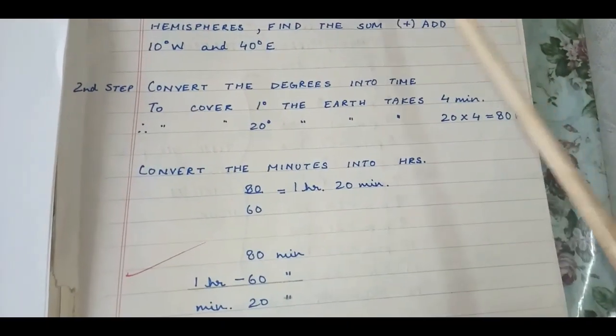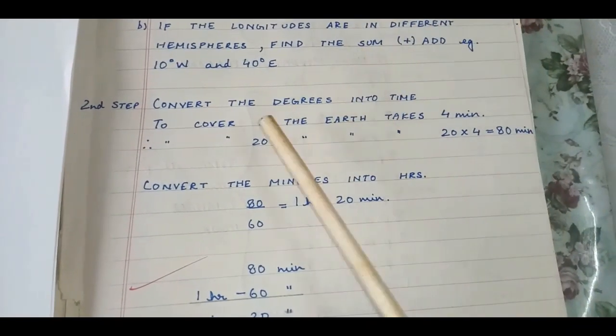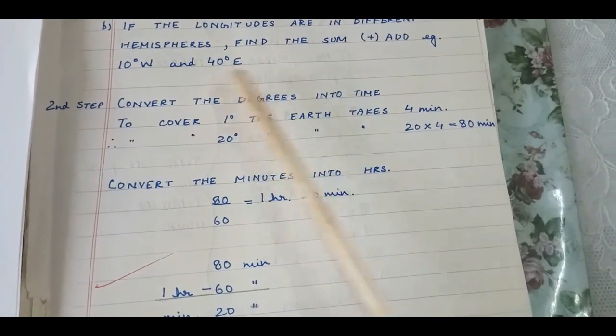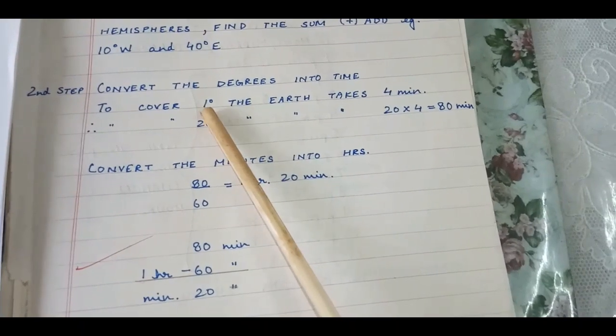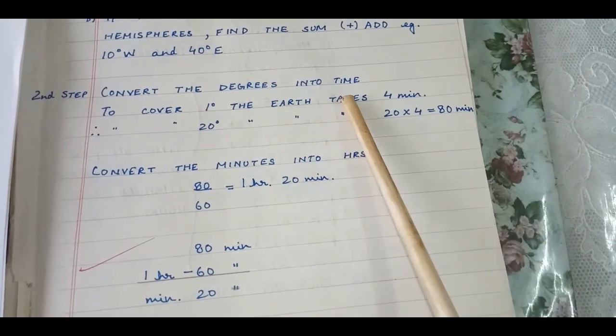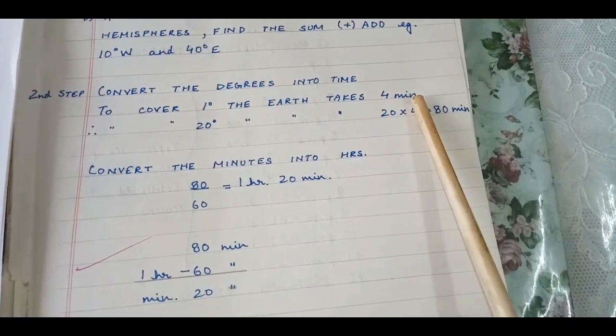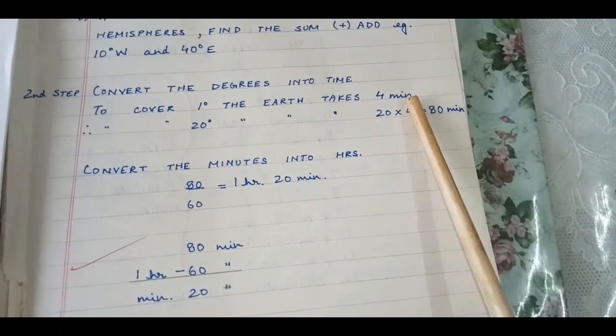Now comes the second step, that is to convert the degrees into minutes. For that we know that 1 degree of the earth takes 4 minutes to pass from one degree to the other.